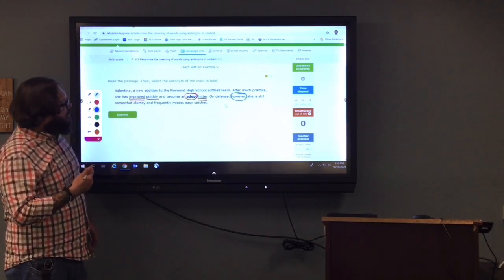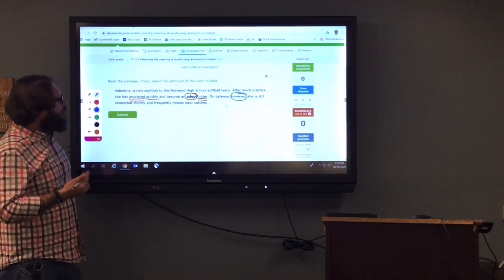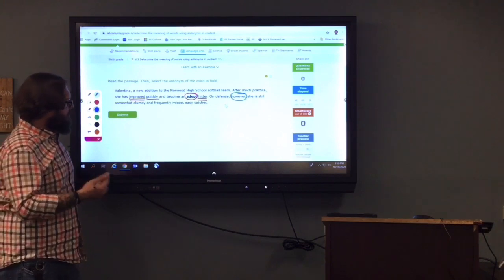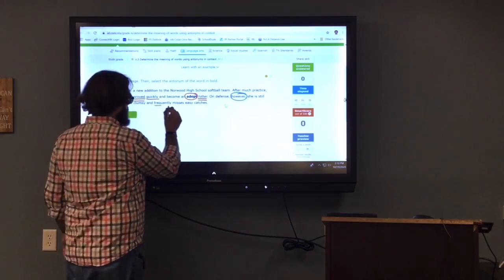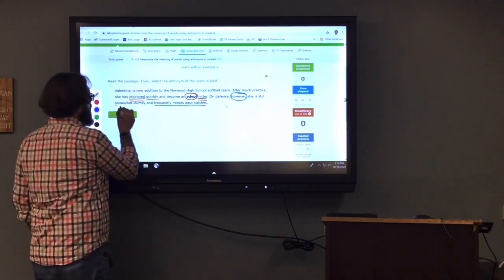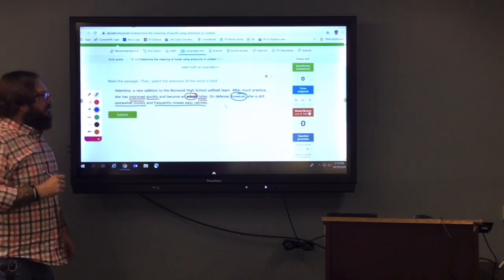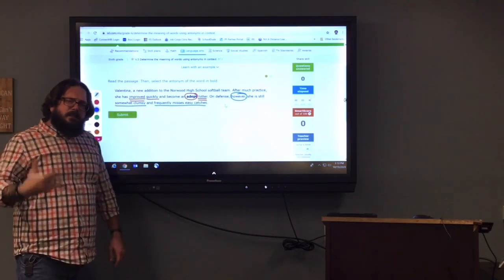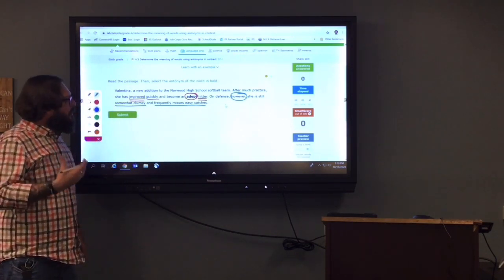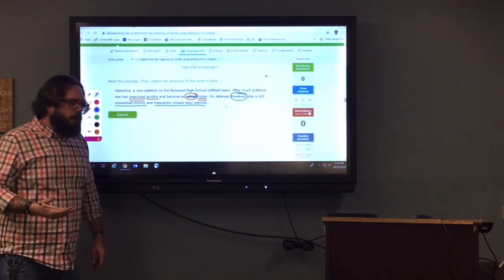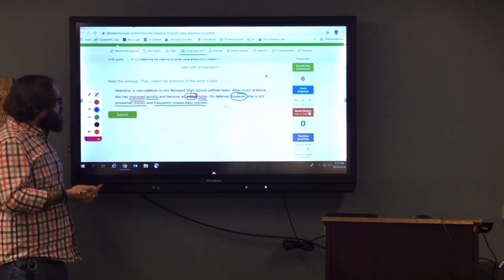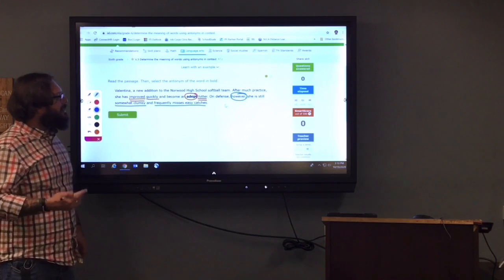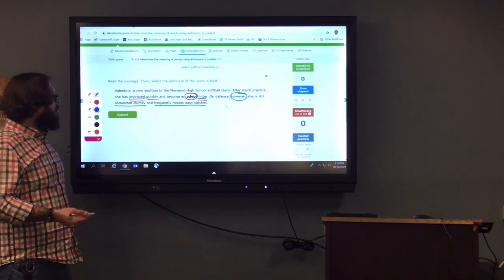So it says that on defense, she is still somewhat clumsy, frequently misses easy catches. So it's telling us that her defense on the softball team needs some work. Why? Because she's clumsy and she frequently misses easy catches.